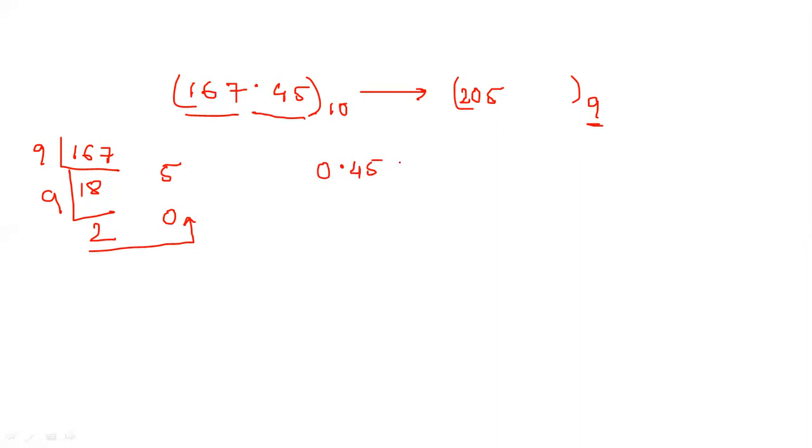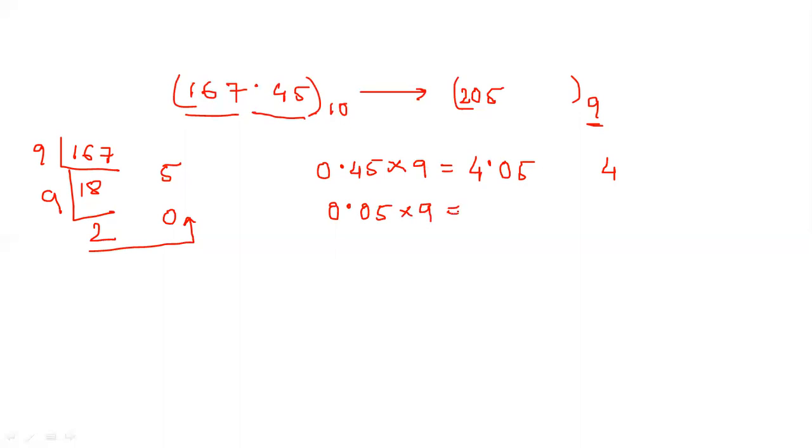Now for the next part, we have 0.45, and we need to multiply with the base of the number system to which we need to convert. So if we multiply with 9, what we have, the 4.05. Separate the left hand side, separate 4 over here, and keep on multiplying. So what we have, that is the 0.05. Again we have to multiply with the 9.